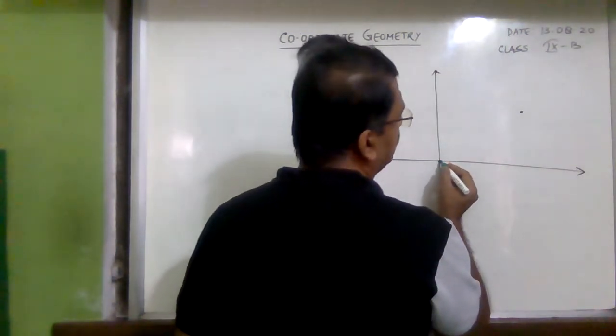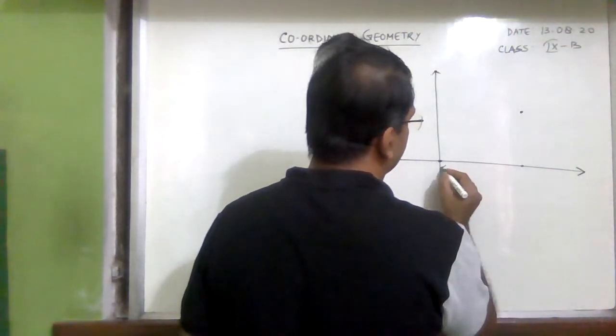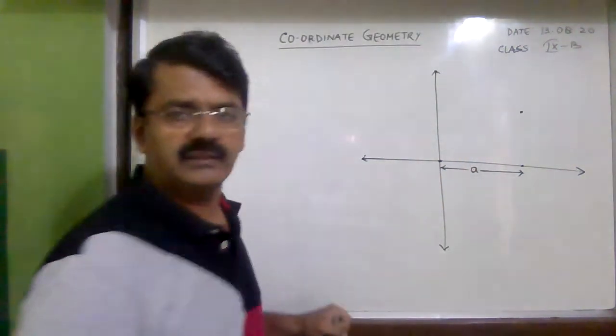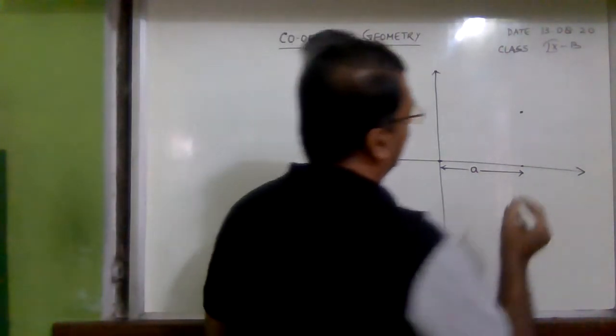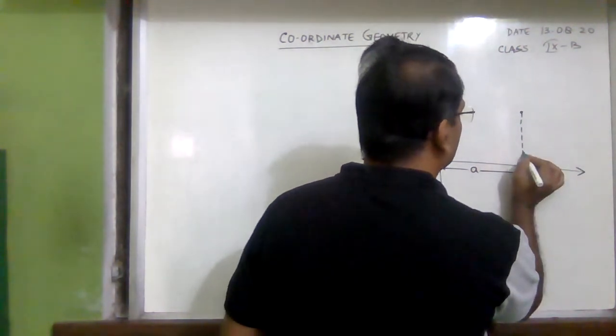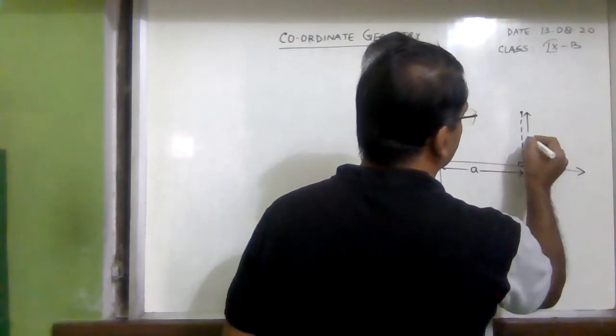Suppose starting from this point, if you go to this point, suppose this distance is a, and then you turn 90 degrees towards left, and then when you measure this distance, suppose this distance is b.